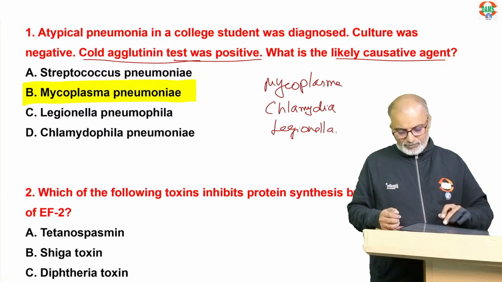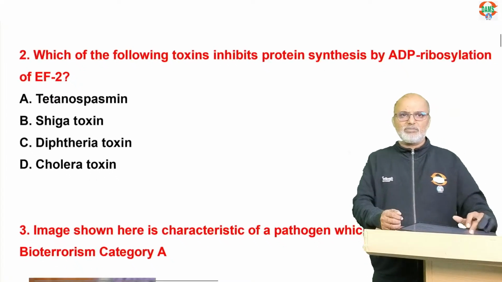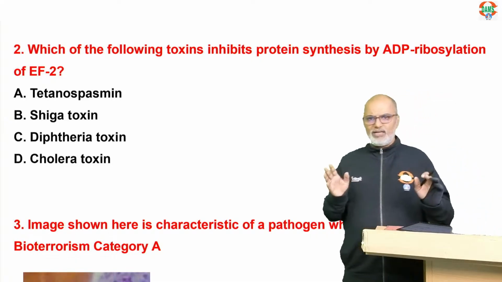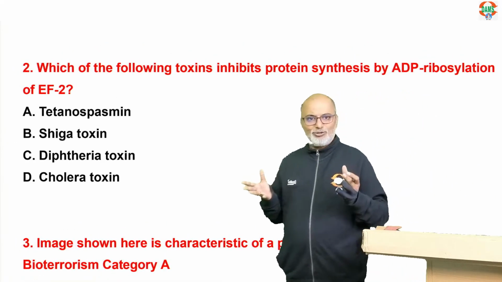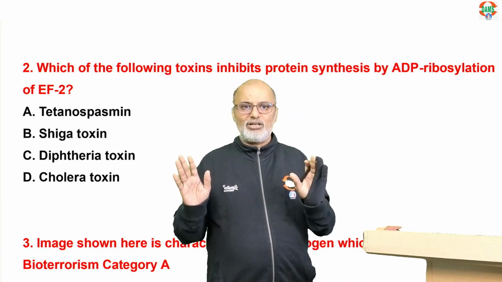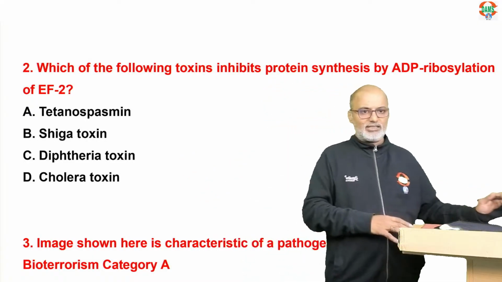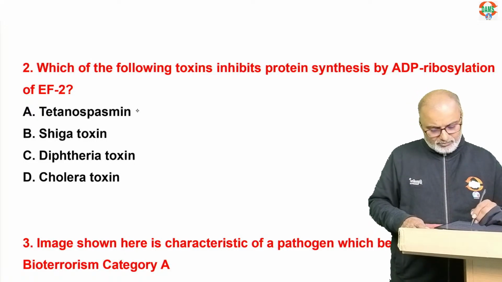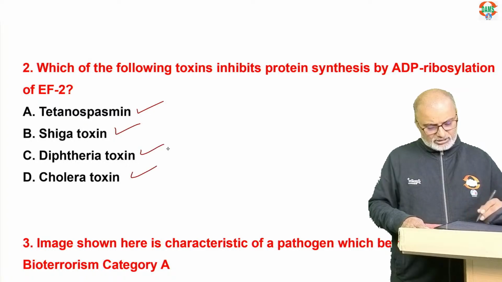Very good. Next is, which of the following toxin inhibits protein synthesis by ADP ribosylation of elongation factor 2? Always toxin question. It may be toxic to you, but you are reading microbiology. So 100% we have a question on toxin mechanism of action. Tetanospasmin, Shiga toxin, diphtheria toxin, cholera toxin.